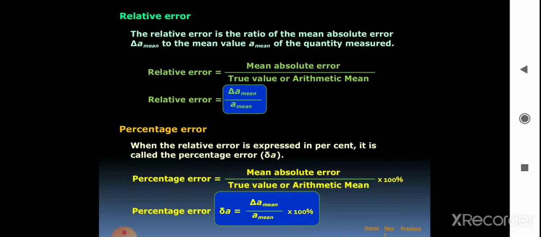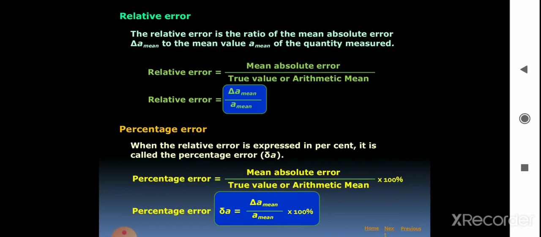Now the third one, percentage error. When the relative error is expressed in percent, it is called percentage error. It is the product of its relative error with 100.